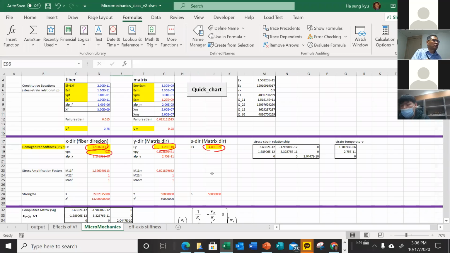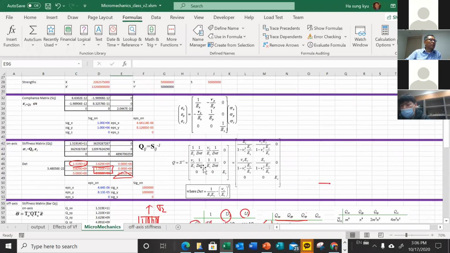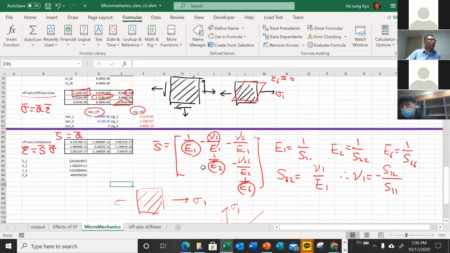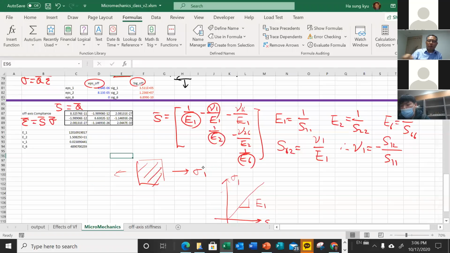This is the material property in on axis, which is micromechanically calculated, but can also be measured from experiment. Now all the way through on-axis stiffness, off-axis stiffness, off-axis compliance, and this will be the output, right? This is the output.